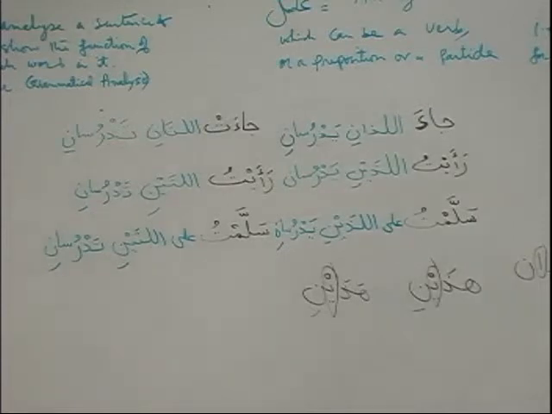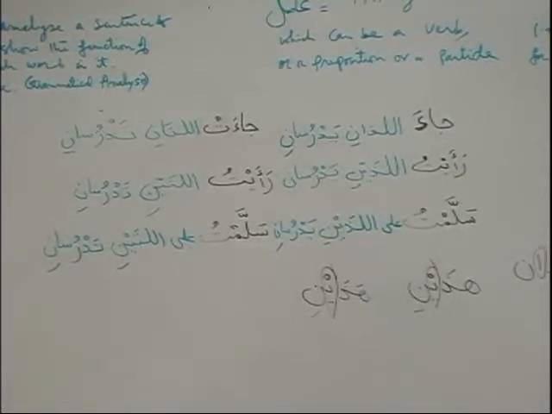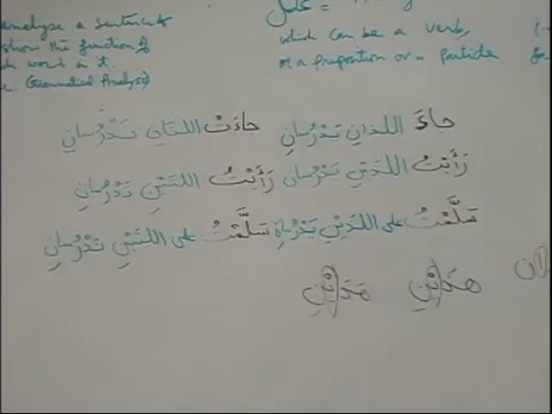Okay, so fine. Now same way allatani. The two of them came. Those two are feminine and they are studying. So instead of yadrusani it became tadrusani. Are you with me, brothers and sisters? And now ra'aytu lataini. I saw two of them who are studying.